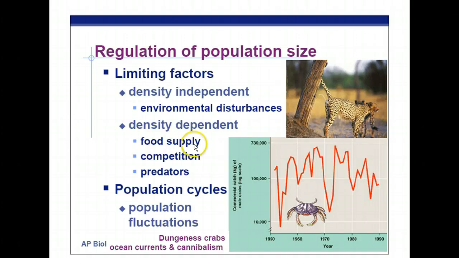If there is a sparse or not very dense population, they're not going to use up the food supply as quickly, and there's not going to be as big of an issue as far as death and starvation. Competition becomes more of an issue as the population becomes more crowded. Same with predators. They have more to catch and eat when the population becomes more crowded in the prey animals.